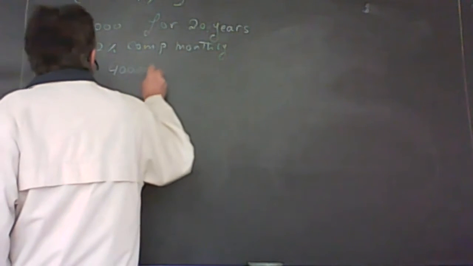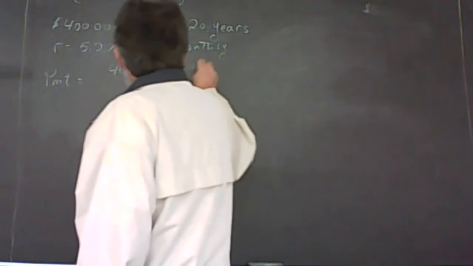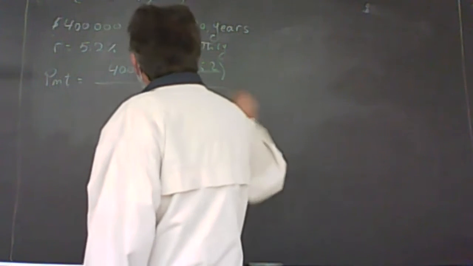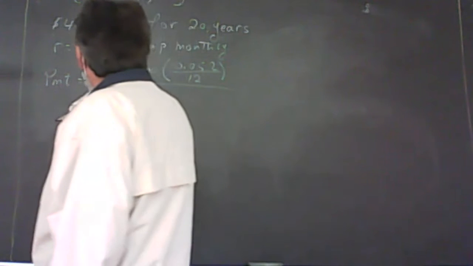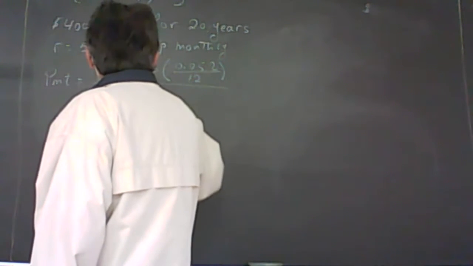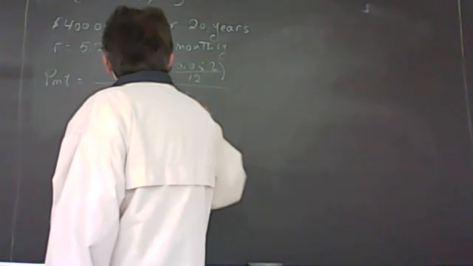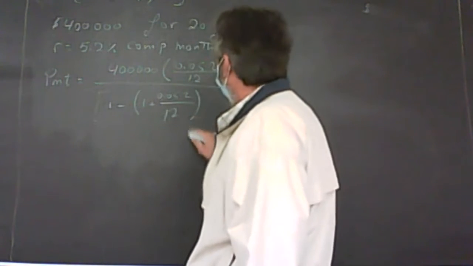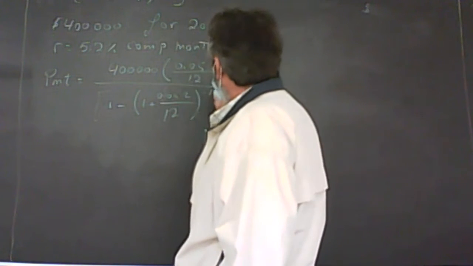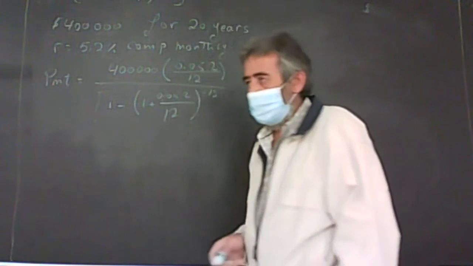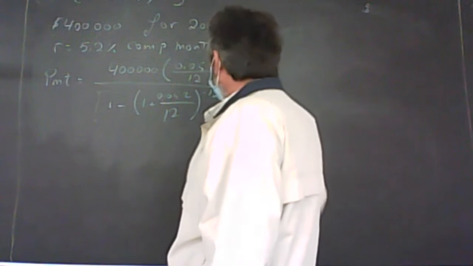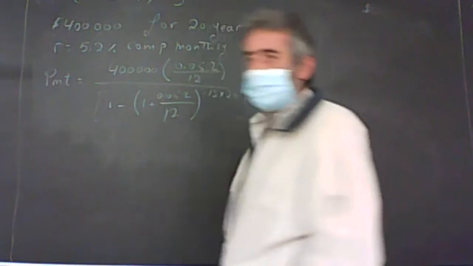400,000 times 0.052 over 12 divided by 1 minus 1 plus R, which is 0.052 over 12, to the power minus. Now, 12 is the periodic, the monthly, how many months in a year, times 20, which is your 20 years.